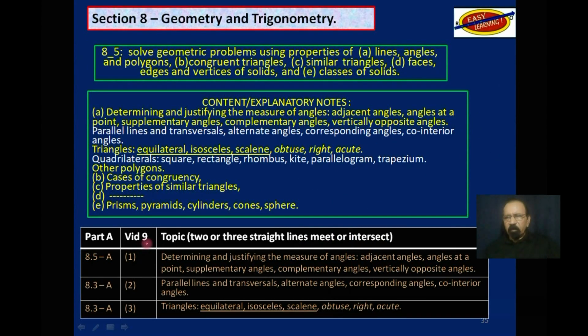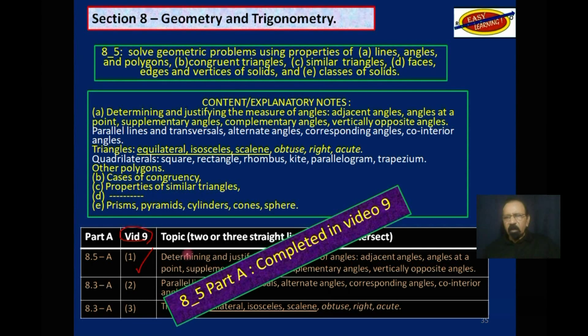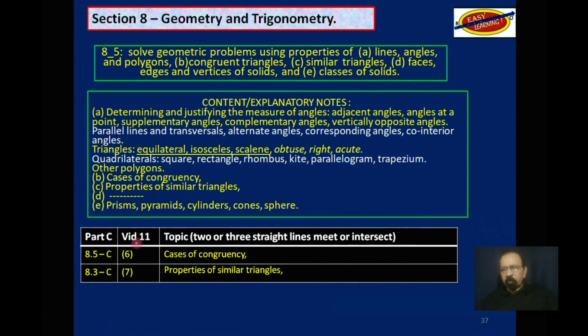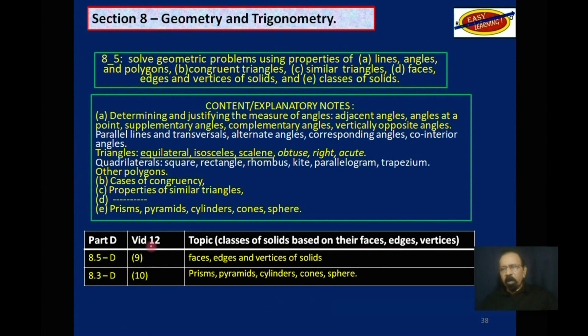So we finished in video 9 these from this objective in part A. In video 10, we finished these in part B. From video 11, we did these other parts, and now we are here, video 12, in this section. So we are dealing with part D.